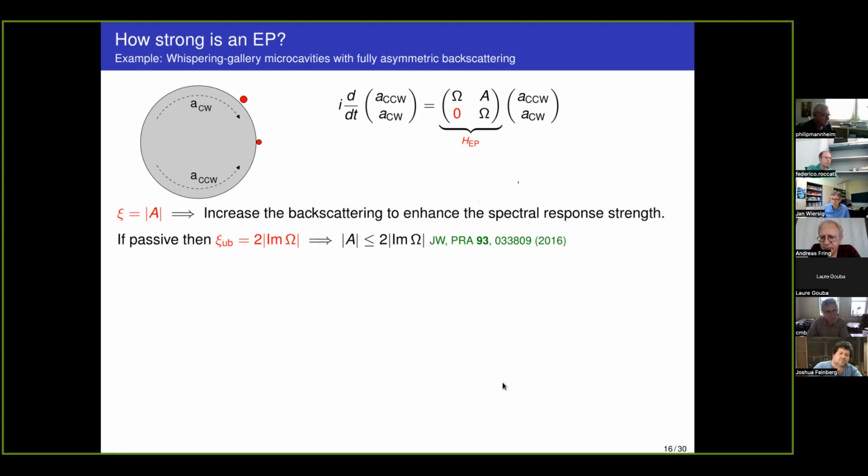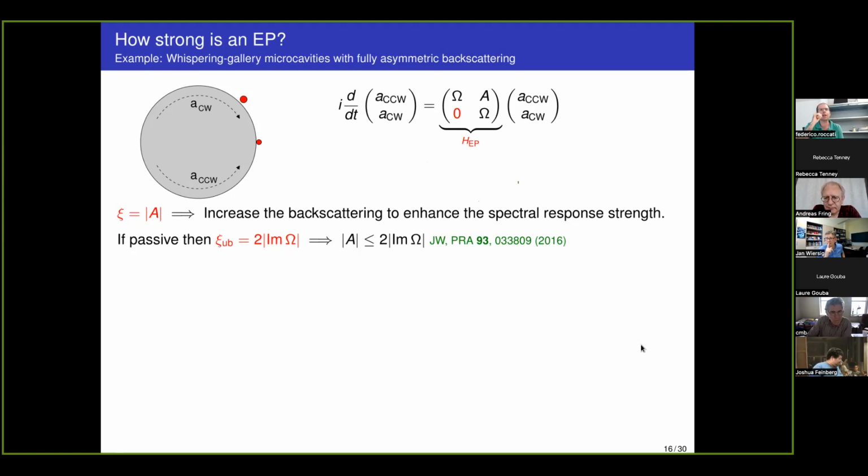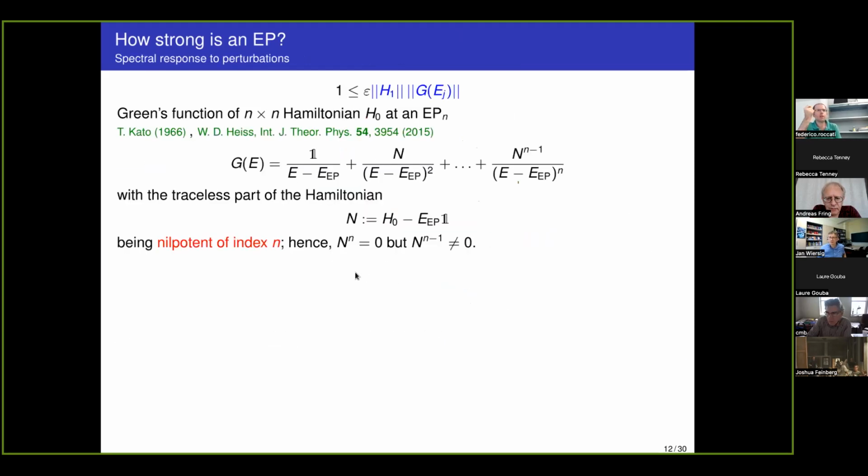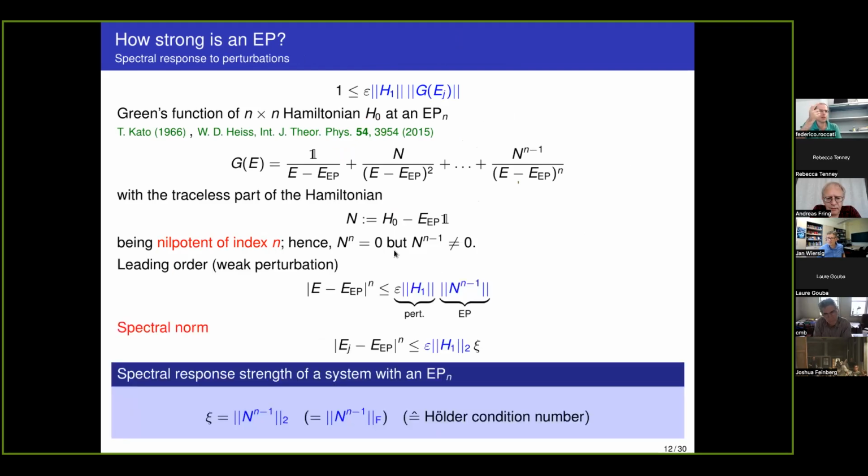Federico. So first, thank you also for the very nice talk. I have a question. In the first part, when you were describing the strength of the exceptional point to perturbation, if I understand correctly, you rely on the expansion of the Green's function. This truncation depends on the fact that this matrix N is nilpotent.